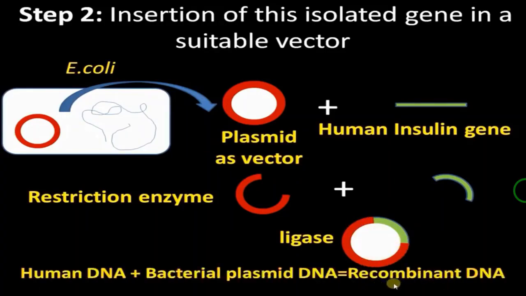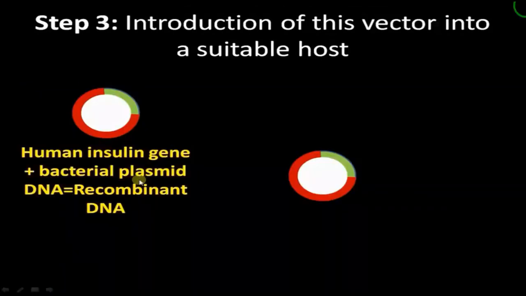Human DNA plus bacterial plasmid DNA equals recombinant DNA. So insertion is over. We have inserted the gene into the plasmid, and plasmid plus human insulin gene is a recombinant DNA.